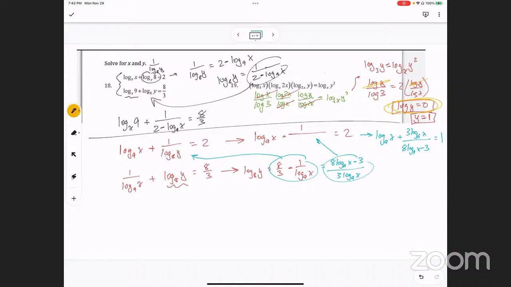But now I can find the other solution by just solving this. 1 over log 3 equals 2 over log x. Cross multiply. Log x equals 2 log 3, which means log x equals log 3 squared, which means x equals 9.